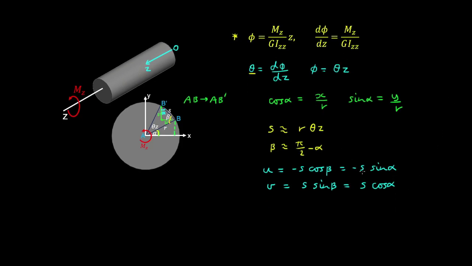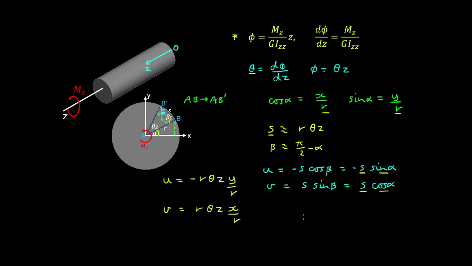And now we can substitute for s and substitute for sine alpha. So therefore the horizontal displacement is minus r theta z by y on r, and the vertical displacement is r theta z by cosine alpha, which is x on r.